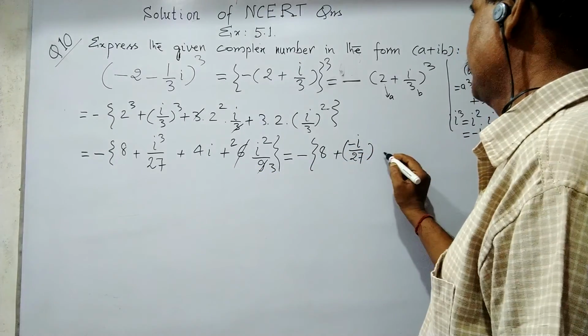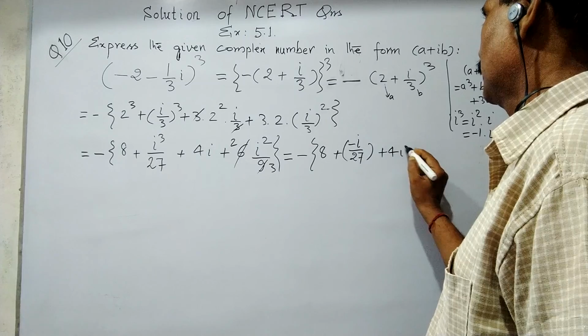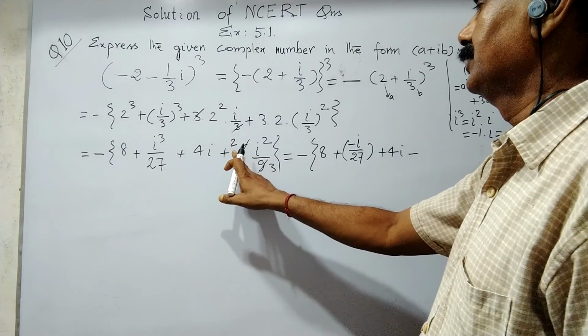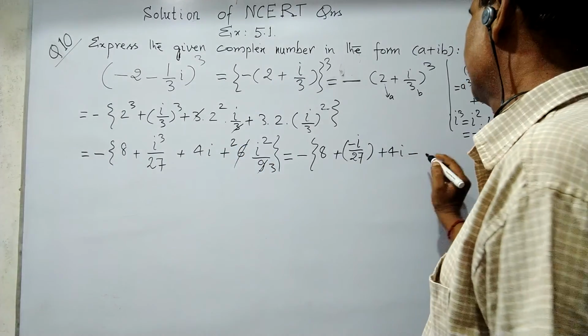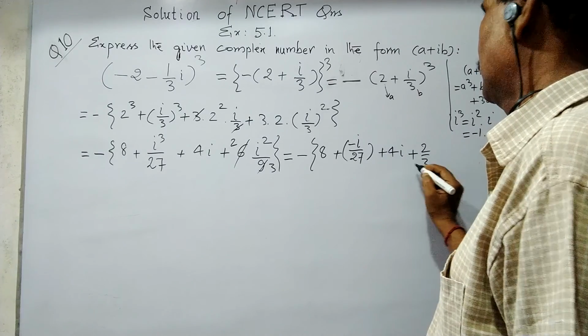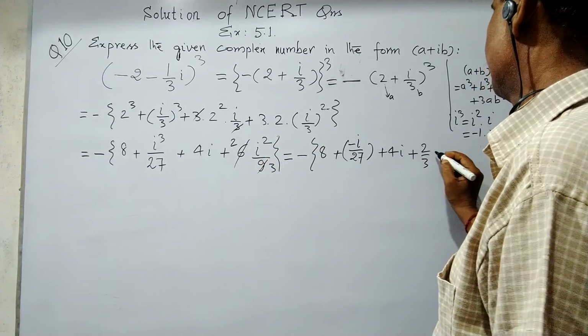Now this is 4i, and now this is 2 by 3 and i square.